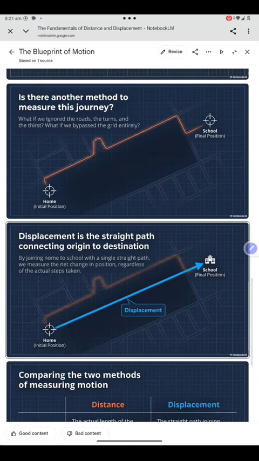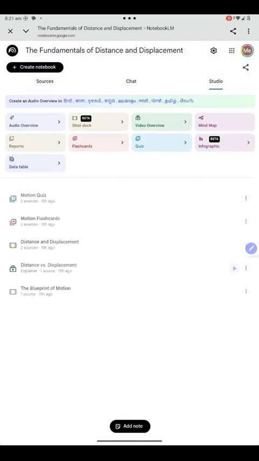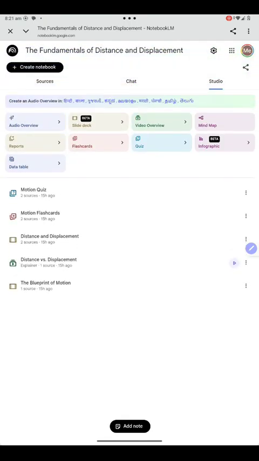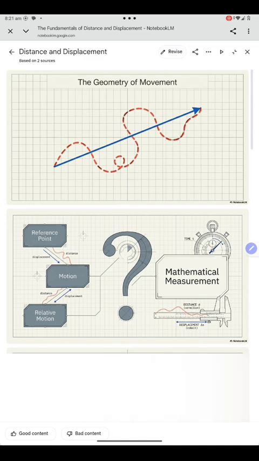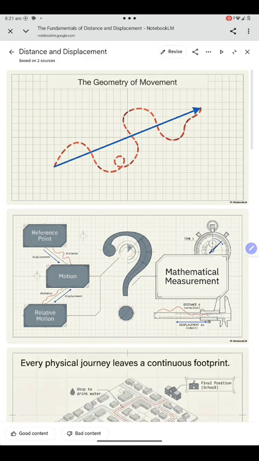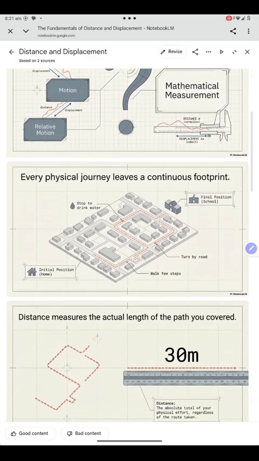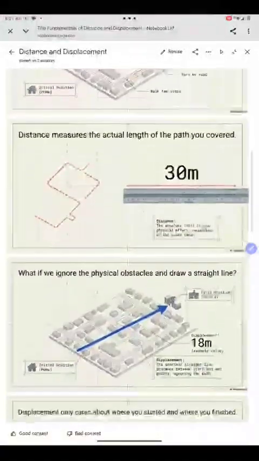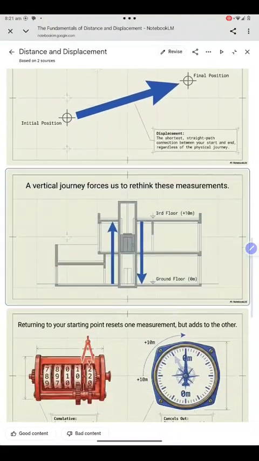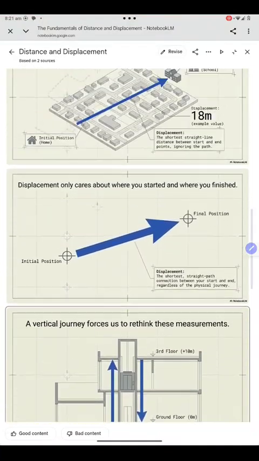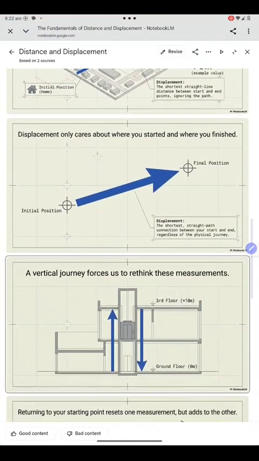Now a question may arise, what is the difference between distance and displacement? So distance is the actual path covered, and displacement is the shortest, straight line path between the initial position and the final position. So this is a very basic difference between distance and displacement.